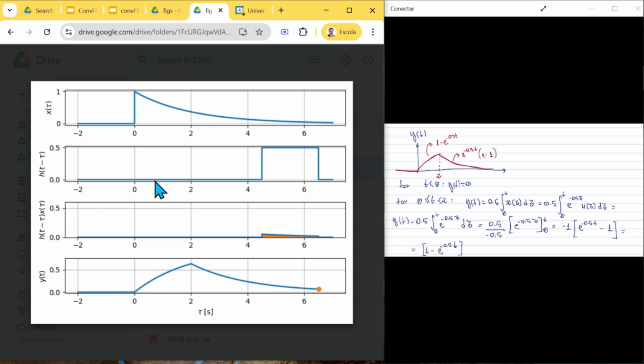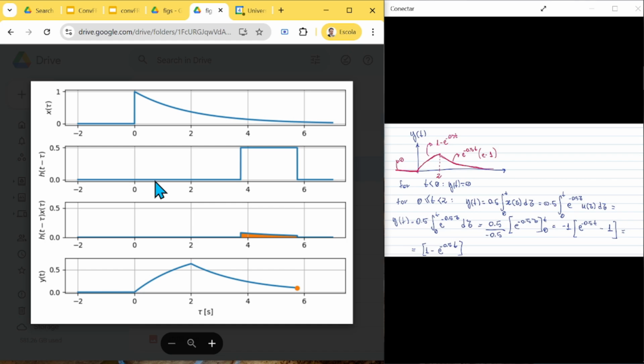Okay, and here it's 0. So in this case, we have three different regimes. The regime with negative time, the regime where t is between 0 and 2, and then finally the regime where t is larger than 2.